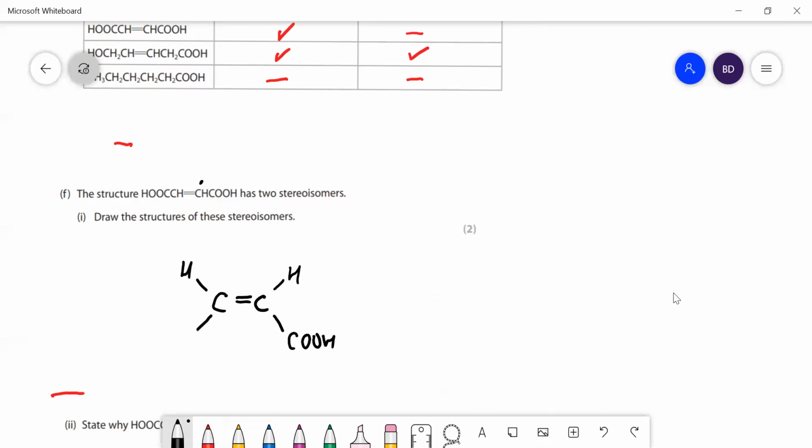So that one, we've got the 2 high priority groups. It simply is the heaviest things, isn't it? These are the 2 high priority groups on the same side, so that is the Z isomer. And for the E isomer, all we've got to do is have the 2 priority groups on opposite sides, so it's going to be like that.